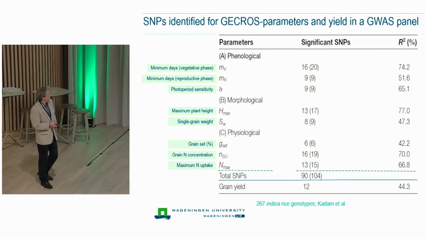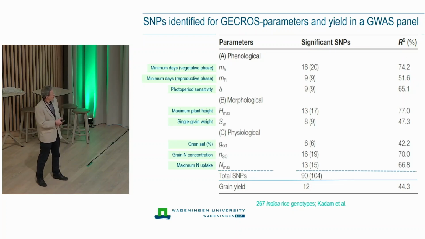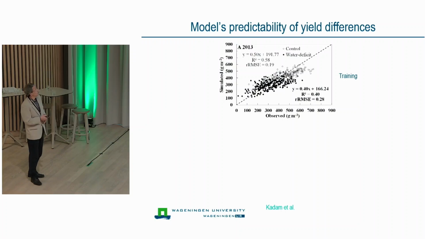Later on, a PhD student of ours, Nitin Kadam, used the model to analyze yield in connection to the model input parameters. This slide shows the SNPs identified for individual parameters in comparison to the SNPs identified for crop yield itself. You can see that a large number of SNPs have been identified. In this context, we also tested the GECROS performance in accounting for yield differences among individual genotypes.